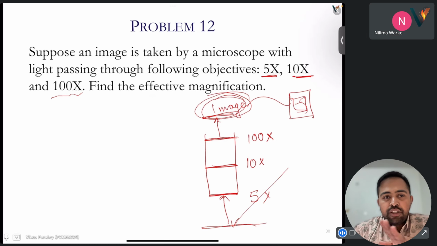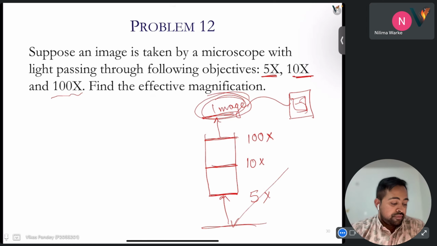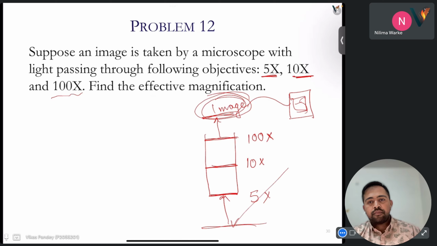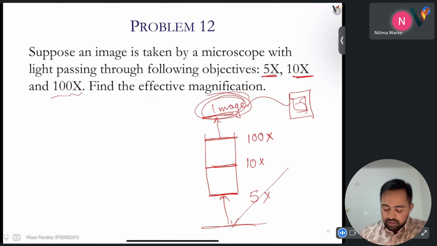Here no eyepiece is being used, only objectives. Any answers? Not aware, sir. Not getting exactly. So we have to calculate the effective magnification.